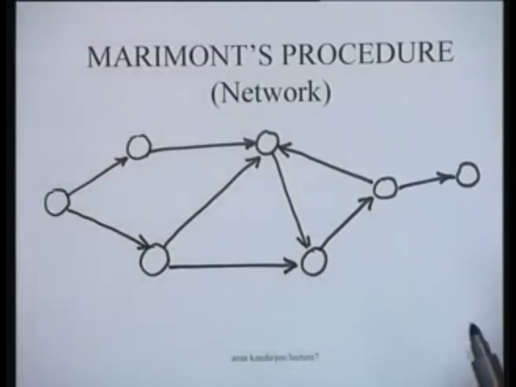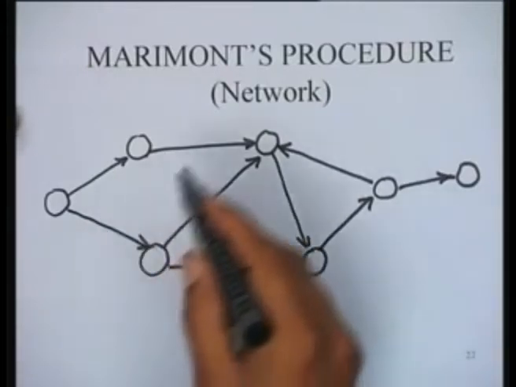Let's take a network of this kind and try to find out whether it is consistent or not by applying Mariemont's procedure.